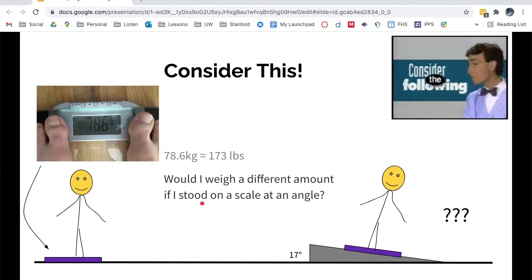And I wondered if I took that scale and I put it on a ramp and I stood on that scale while I was at an angle, would I weigh the same amount? Would the scale read the same thing? What do you think? Would it change if I were standing on a ramp, standing at an angle? Think about that for a second.